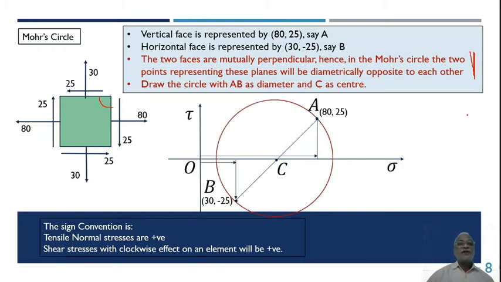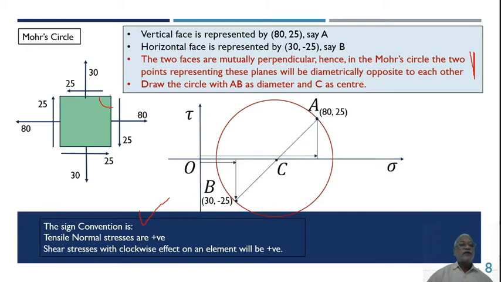Now, how to draw the Mohr circle is very simple. You have to get a graph and define the sigma axis and tau axis, and the sign convention is not to be forgotten, right? This represents one point, and this face represents another point.